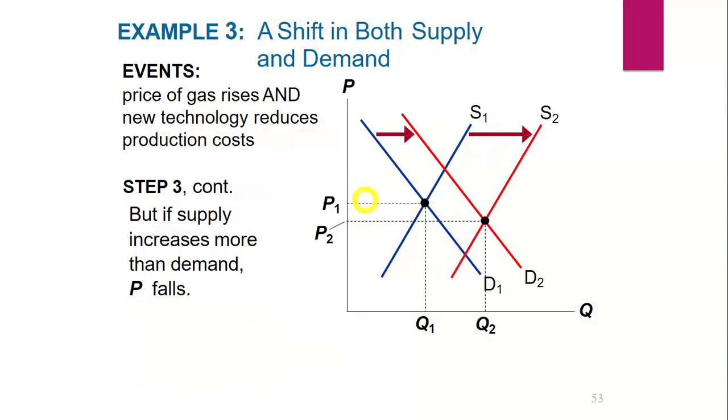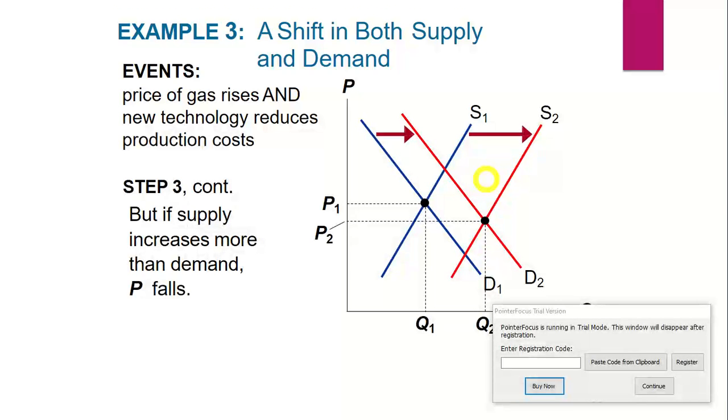But on the other side, let's say the price of gas rises and new technology reduces production costs. So step 3 continues. See the gap here between supply curves, that is S1 and S2, and between demand curves, that is D1 and D2.